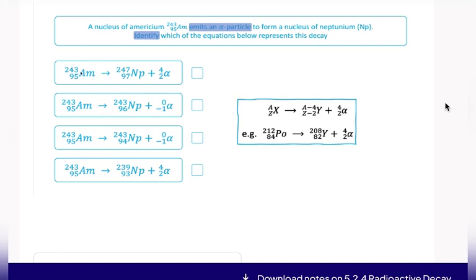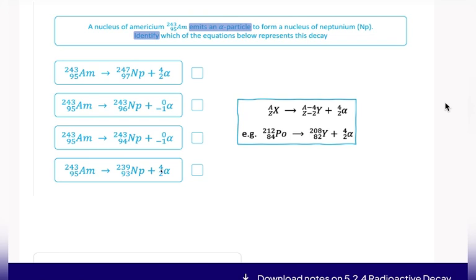So if I go to this one here, I've got 243 nucleons on this side going to 247 plus 4, that's 251. So it's not this one because my nucleon numbers are not balancing. Similarly, my proton numbers are not balancing. I've got 99 protons on this side, 95 protons on that side. I've eliminated that one, I've eliminated that one.